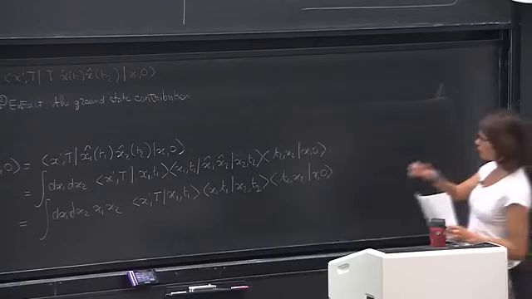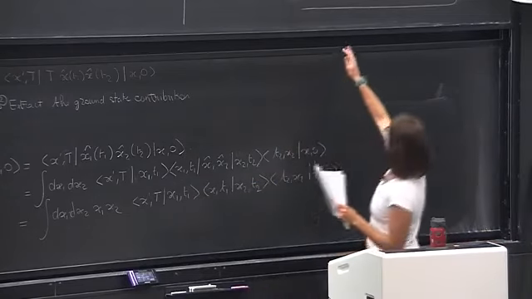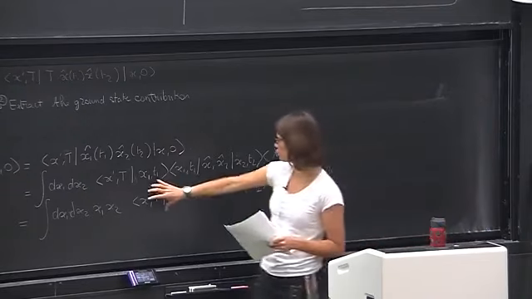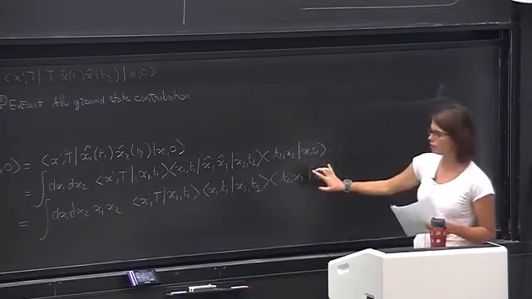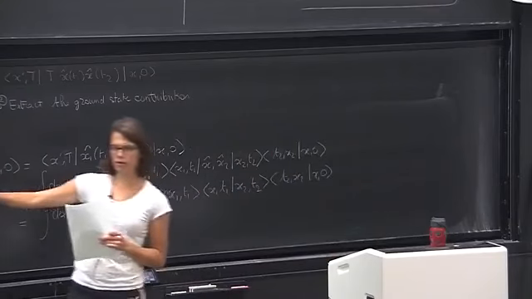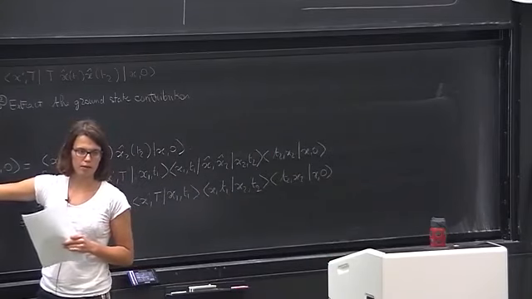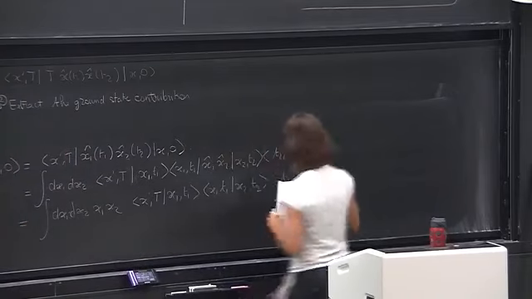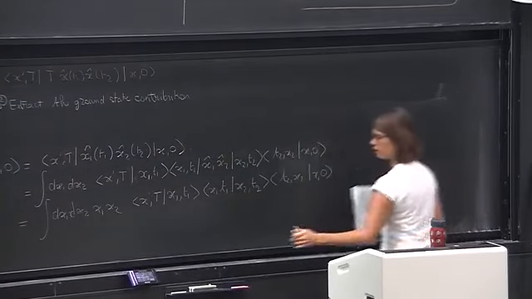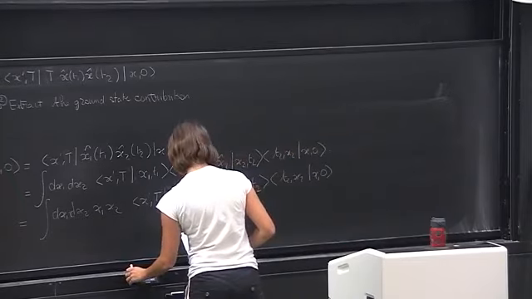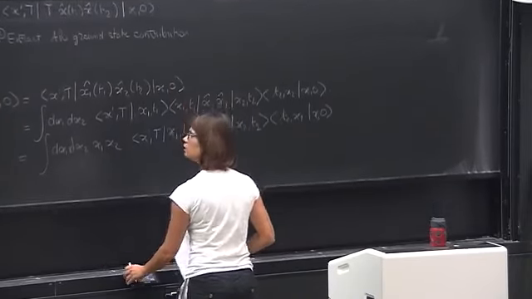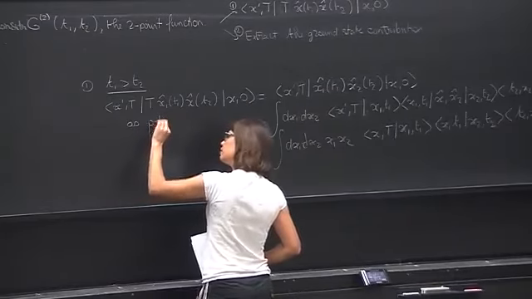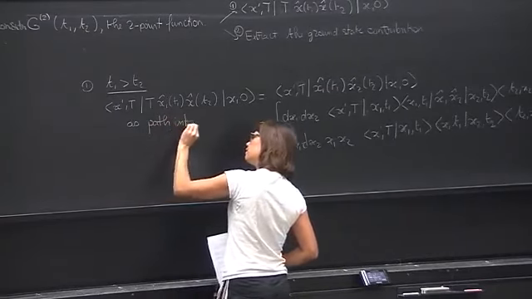Okay, and so what are now these objects? We just said that this object can be rewritten as some path integral. So here you know how to rewrite these three terms in terms of a path integral. I remind you that the aim here is to write this object as a path integral. So we use this decomposition here, and so what does it mean? What do I have here? So here we want to find a path integral.